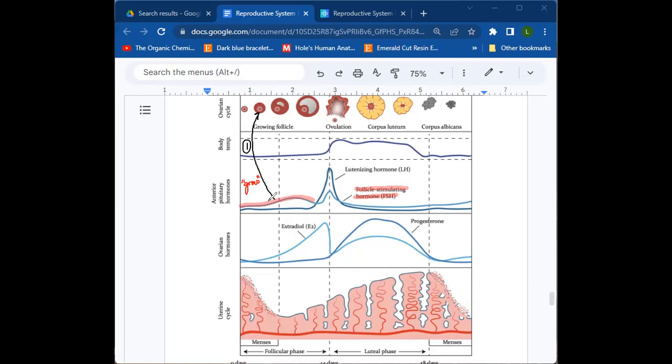And that's why you can see that as the follicle stimulating hormone is increasing, the follicle gets bigger. It's because the follicle stimulating hormone is telling the follicle to get bigger. In response, the follicle is going to be releasing lots of estrogen.